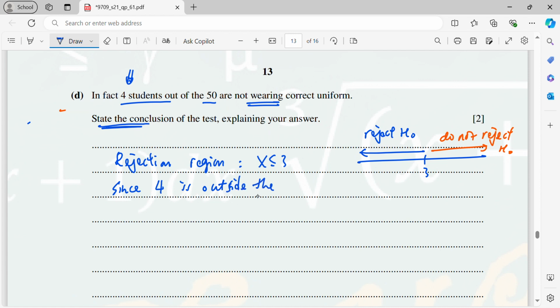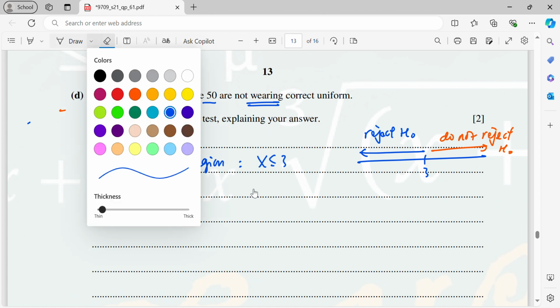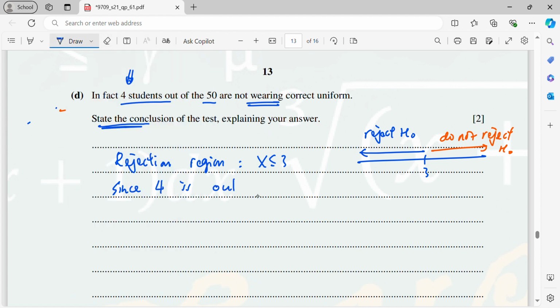the rejection region, then do not reject H0.